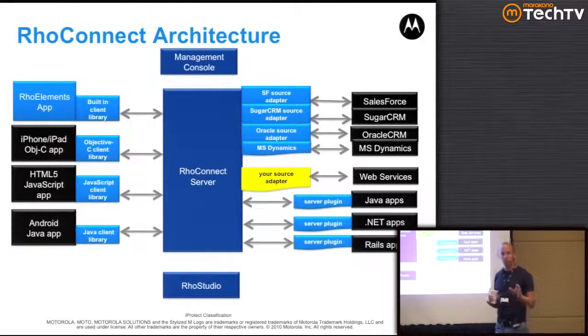Today we're going to spend most of the time talking about source adapters because they're always usable, whether it's your app or somebody else's. Server plugins you can only use when you're allowed to modify the app or add a library. Source adapters are also very valuable, because today we're saying do these in Ruby. It's a very powerful tool for the kinds of data transformations that you have to do.